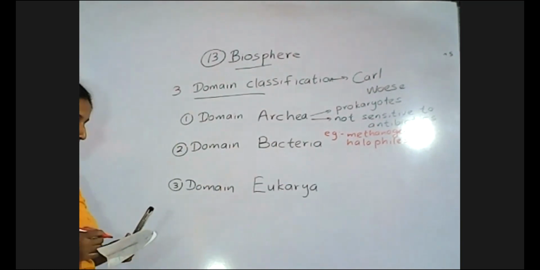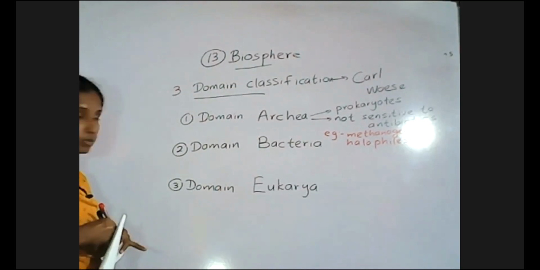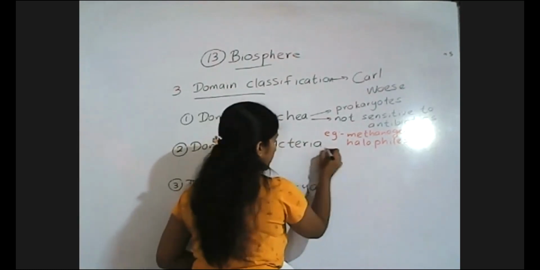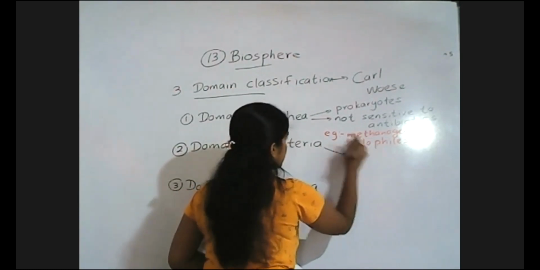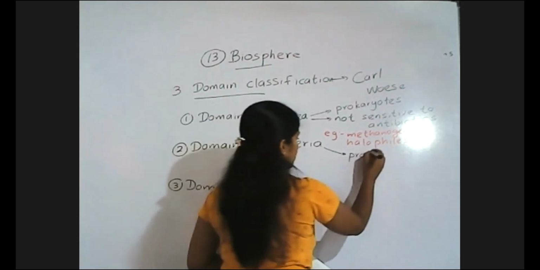Then about domain Bacteria, right? In domain Bacteria also, the organisms are prokaryotes. That means they also do not have an organized nucleus.